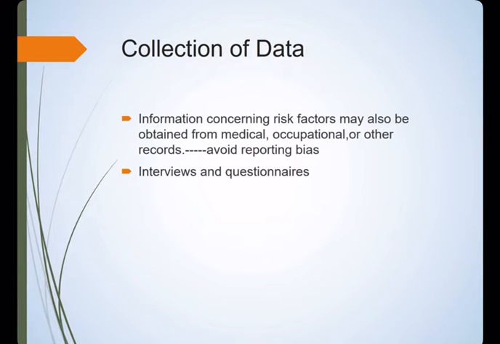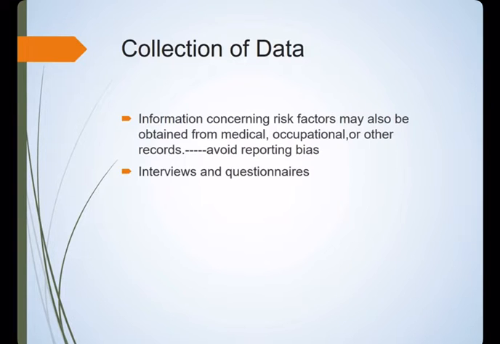Occasionally, there is a concern that cases and controls may record exposures differently, perhaps distorting the case-control comparisons. For example, cases, perhaps in an attempt to explain their illness, may over-report exposures.